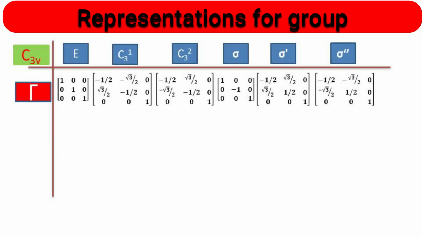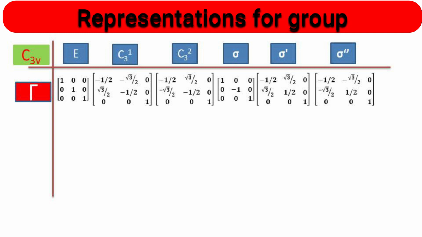Likewise, the collection of matrices of all 6 operations is a representation for the C3V point group. So the gamma symbol in red color is a label for the representation of all the collected 6 matrices.